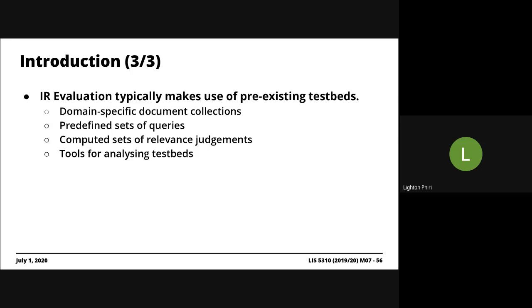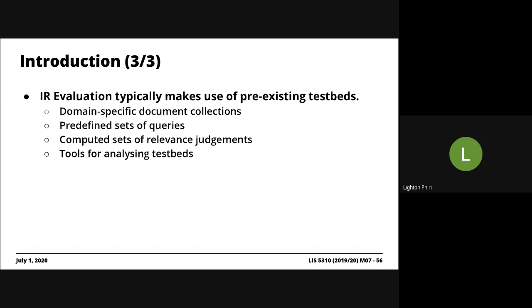You'd have the users use a predefined query because what you're doing is what was introduced to us in 5010. You are taking into account control variables, factors that might influence the overall results of the evaluation process. And it turns out that for IR evaluation, one of those factors is the query.